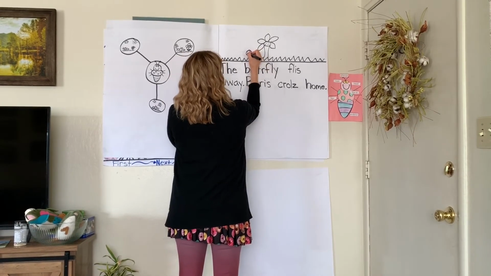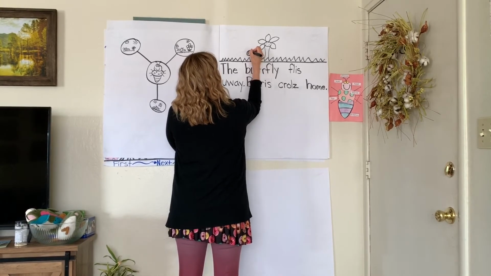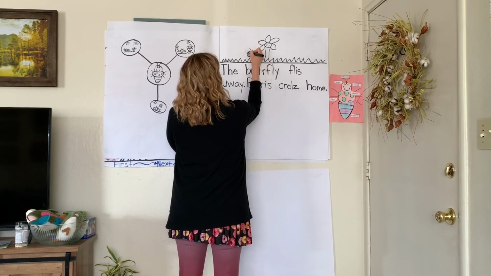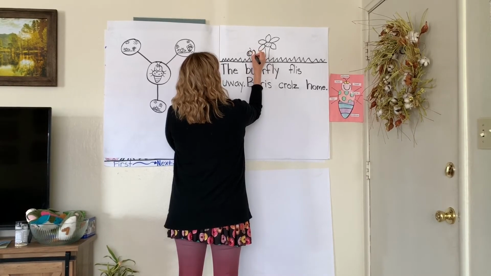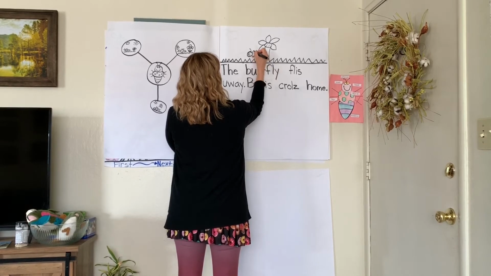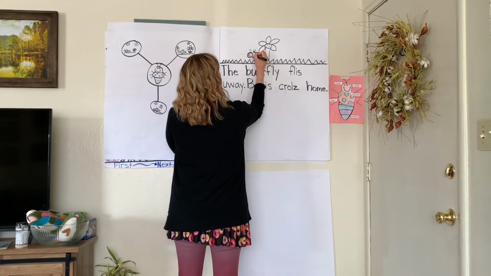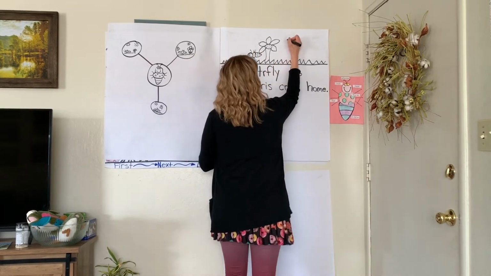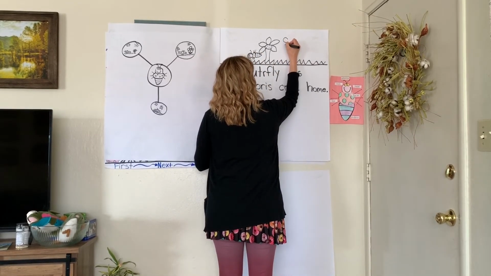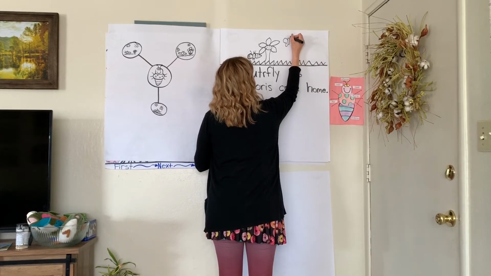And now I'm going to make him turning the other direction. He's so happy because he made a new friend. Thorax, abdomen, here's his 6 legs, stripes, his little spots. And then our little butterfly friend over here is going to be flying away.